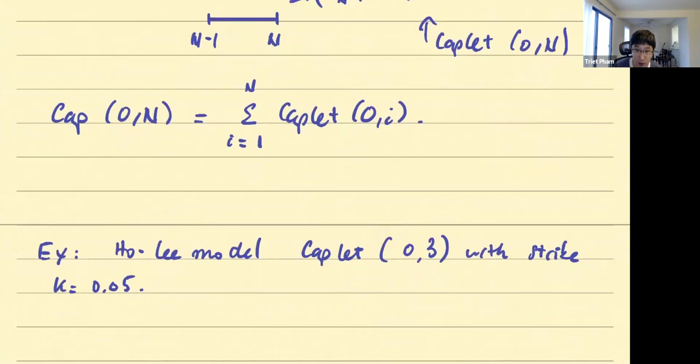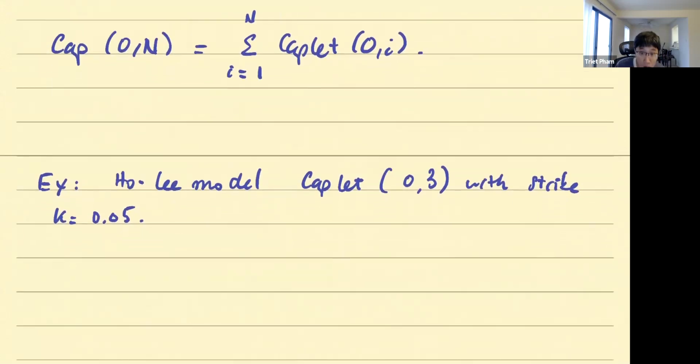So here's the tree model: 0.05, 0.06, 0.0. Oh, sorry, this is the Black-Derman-Toy model.